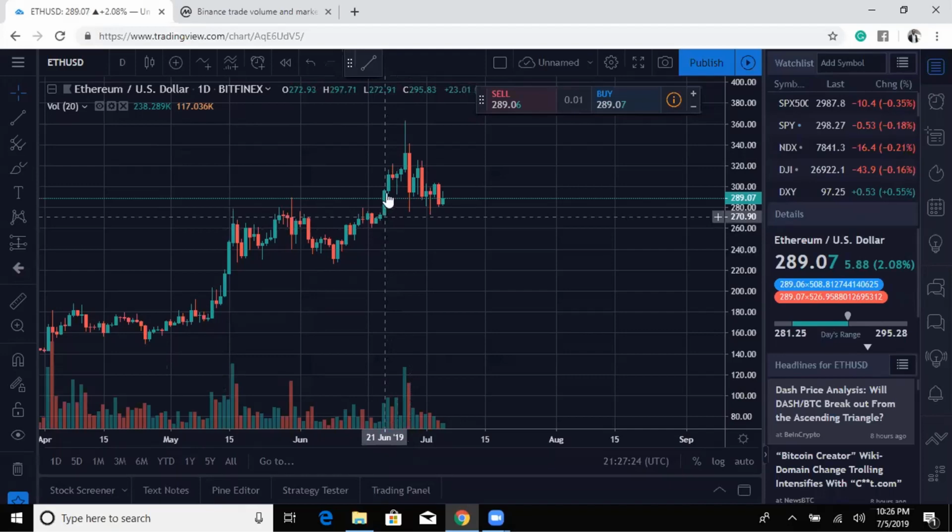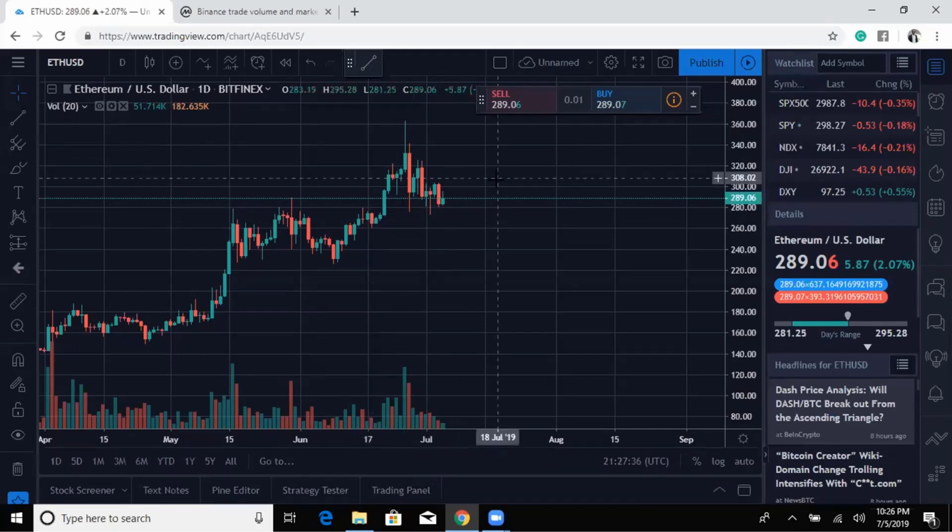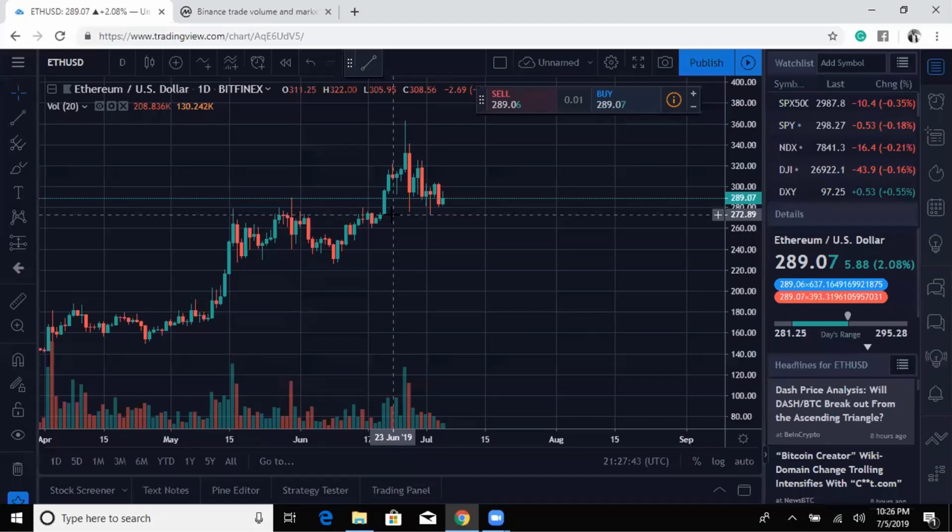If it opens with a green candlestick, since we already know we can trade in both directions of the market, to the upside and to the downside, you don't really need to sit and wait for weeks before you make profit, since you're given 50x. So look at this price range here, from 272 to 296. That's pretty high.